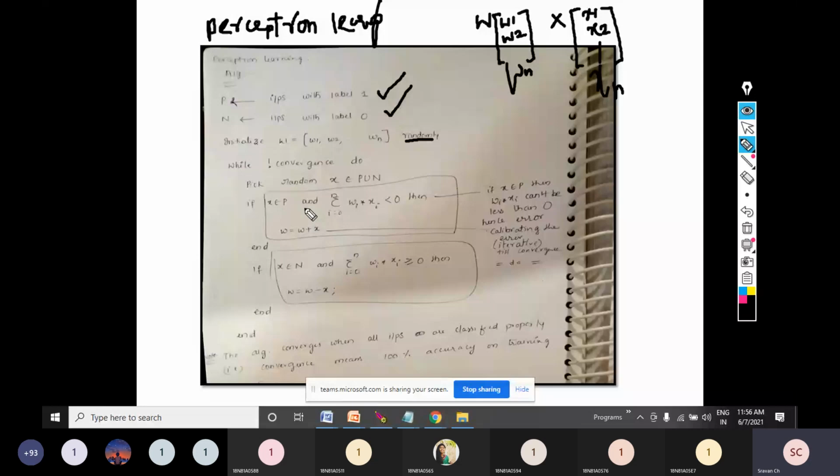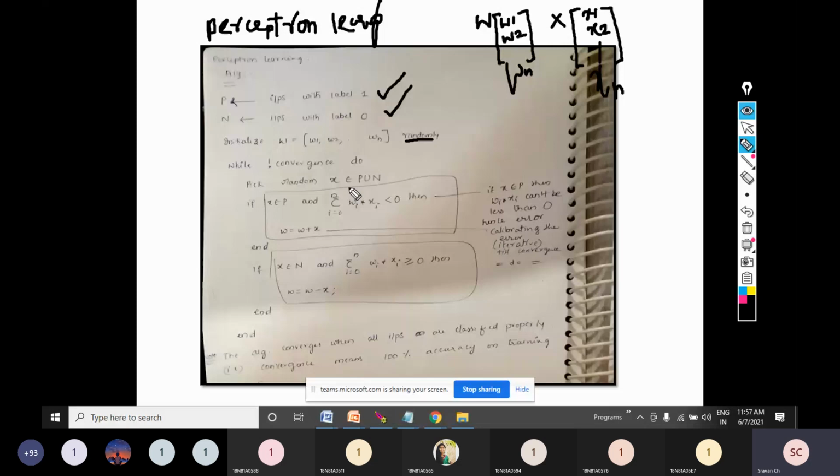Now if X belongs to P, meaning it is a positive example, then on that positive example I calculate the summation, the sum of product Wi into Xi.